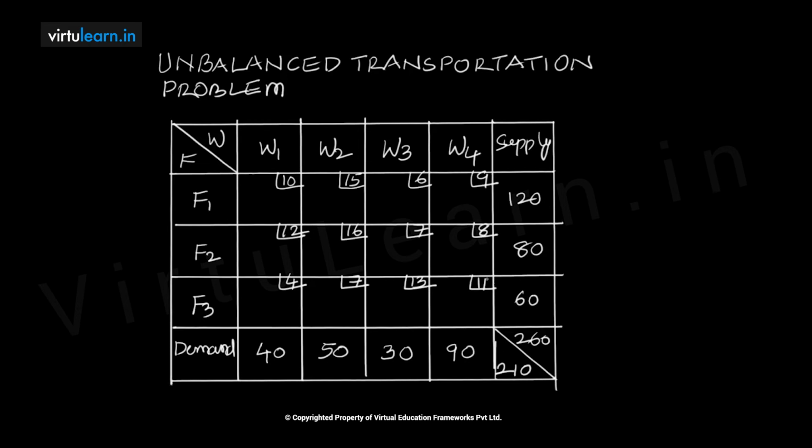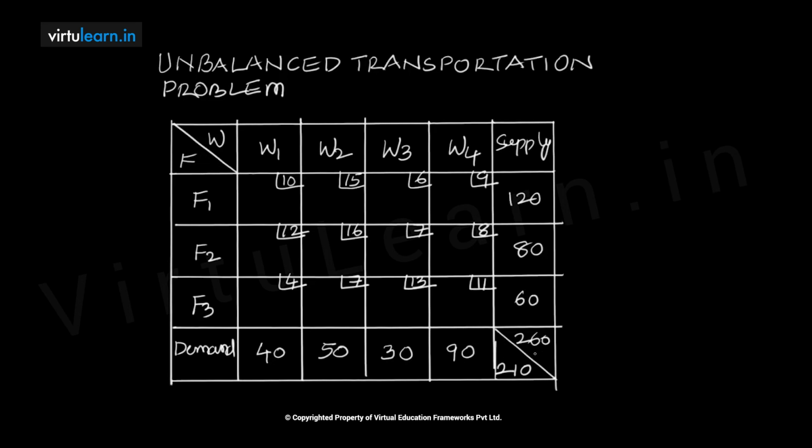But we are checking this for only a dummy column. That means here you find 260 is supplied from 3 factories where there is a demand of 210 units required at W1, W2, W3, W4 put together. So there is a gap of 50 units.